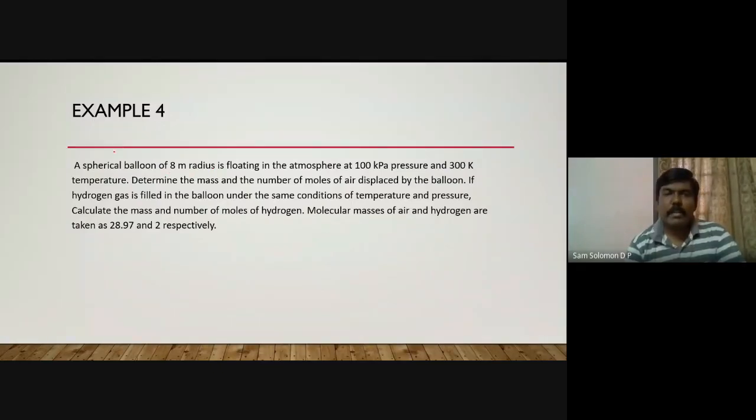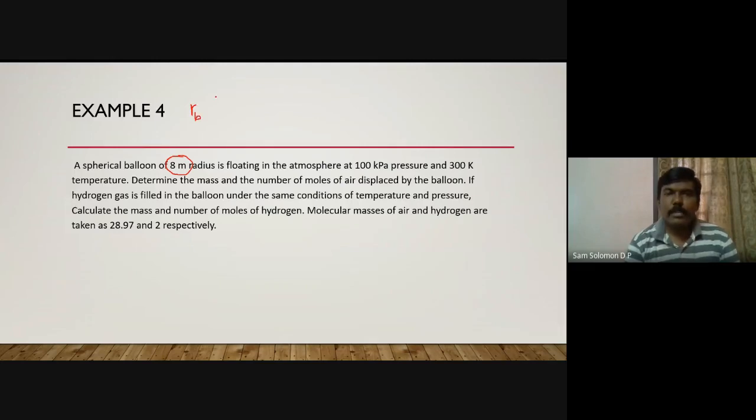Because it is a balloon, the volume is going to be constant because it is volume specific. It has got a shape. That volume is not going to change. So the volume remains constant here. This 8-meter radius, you can take it as r suffix b for the balloon.